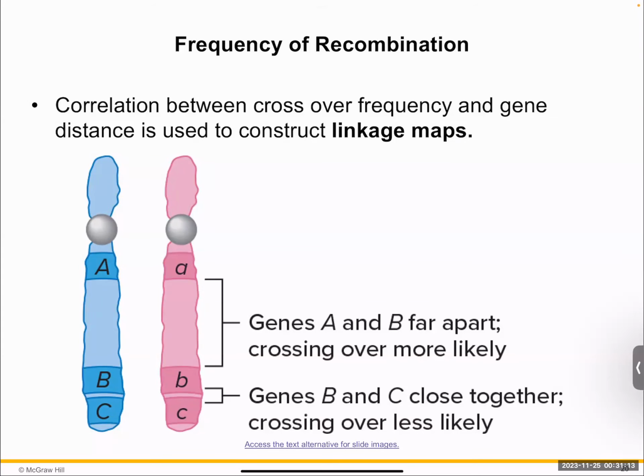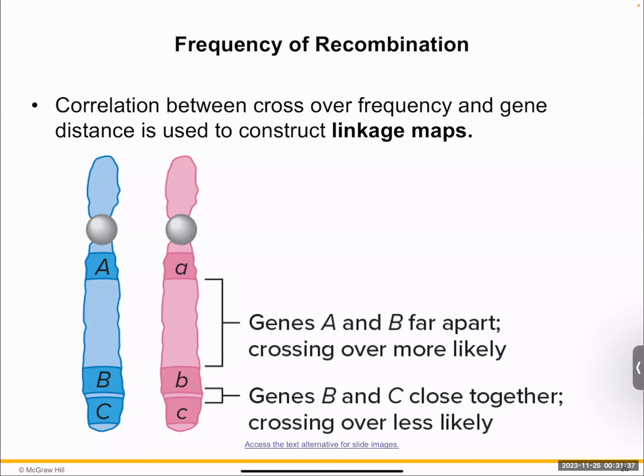So the correlation between crossing over frequency and gene distance is very important for us. Again, if the genes are close to each other, there is always going to be recombination at the same time together, versus if something is far apart, there might be crossing over that is completely unrelated.